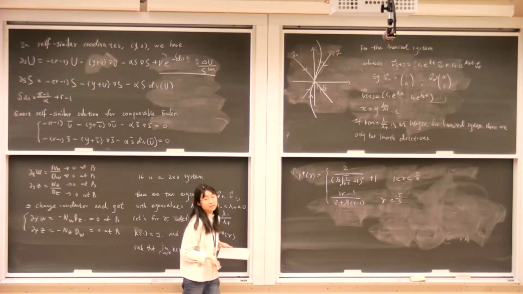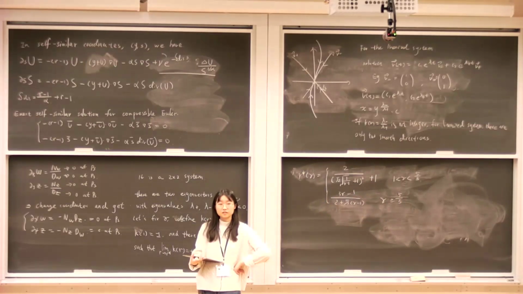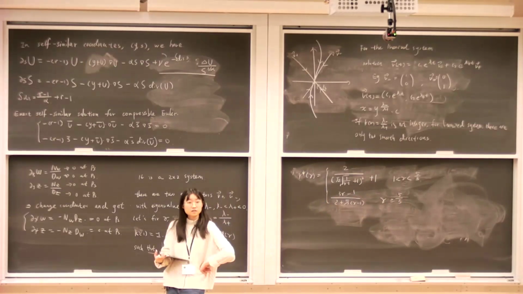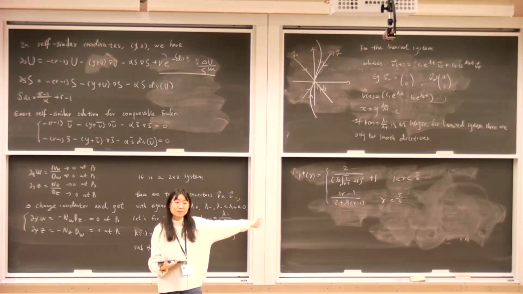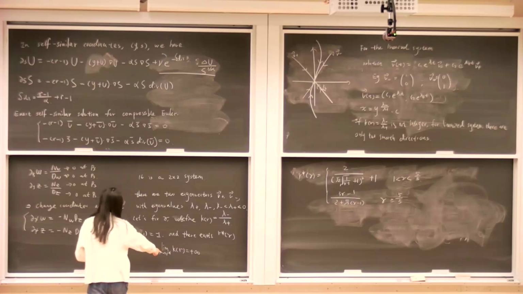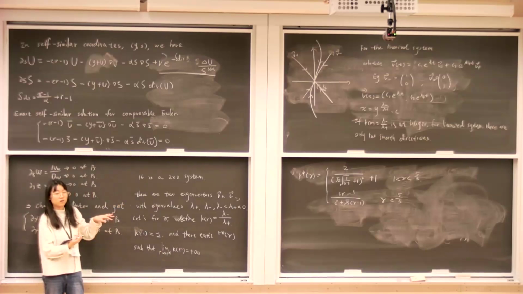No, this is the limit. The r star is the limit. So r star is where k is infinity, so this ratio of the eigenvalues is infinity.